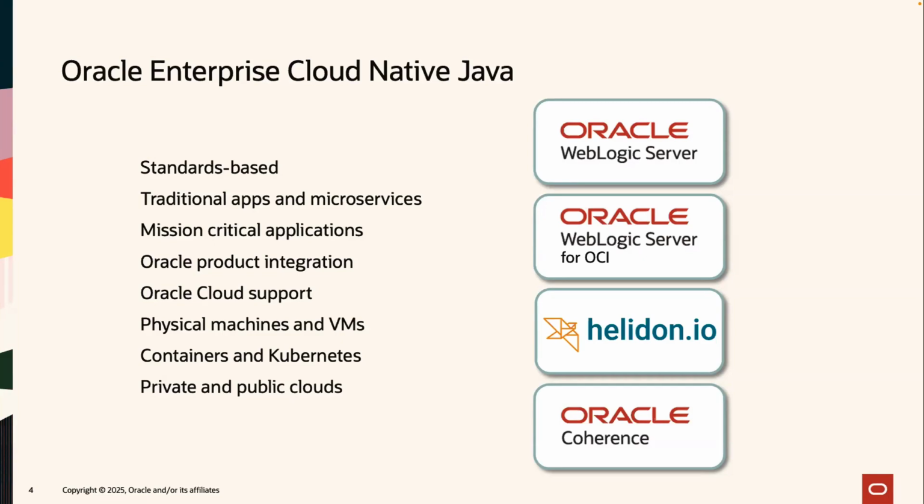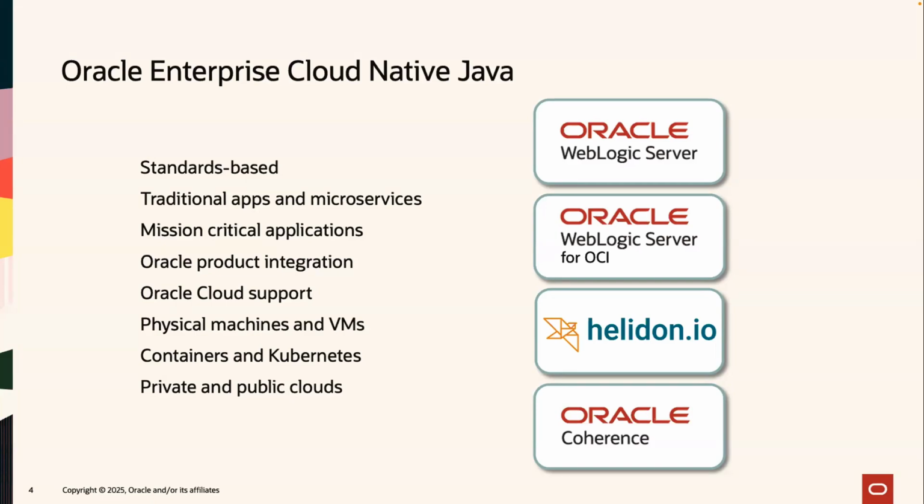But WebLogic is a Jakarta EE application server that enables development of enterprise Java applications using standard APIs and deployment of those applications to an application server environment, which enables you to secure your applications, to scale them, to connect to databases, to monitor the performance of those applications, to manage them and change the configuration of those applications.